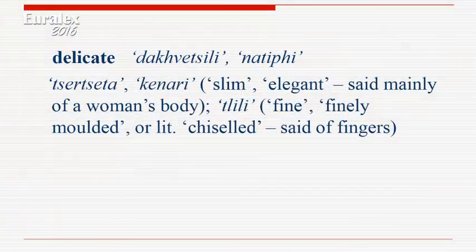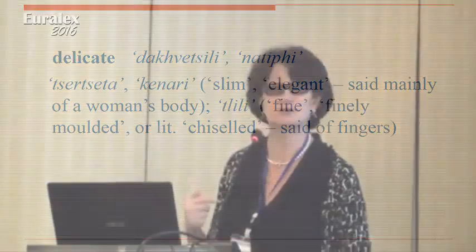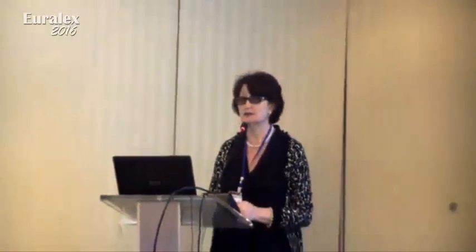And because the students and learners do not realize this anisomorphism, they start dropping a big stratum of the vocabulary. For instance, my students do not know the beautiful word "tzertzetakenari," which is used mainly of a woman's body. A delicate body is tzertzetakenari, so they don't know this word, they don't use it anymore. Or the beautiful word "tlili," which is used for fingers, and literally means chiseled fingers, which is a very nice Georgian word.